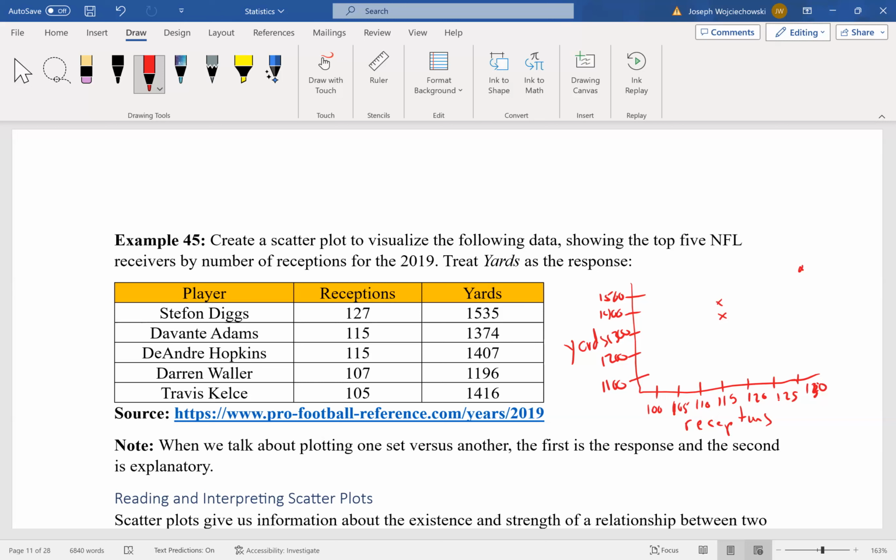Then we had 107 and 1196. Then we had 105 and 1416. Okay, so there's our scatter plot.